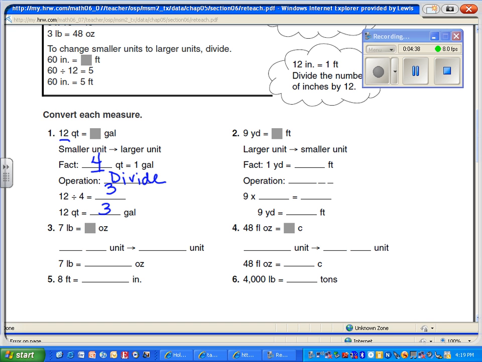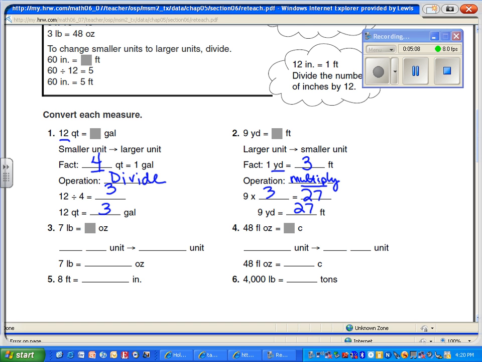All right, let's go over here to number 2. We're changing yards to feet. So we're going from larger units to smaller units, so we're going to multiply. The fact that I know is there are 3 feet in 1 yard. So we are going to multiply, just like we noted here, 9 times 3 equals 27, so 9 yards is equal to 27 feet. All right, look at number 3.